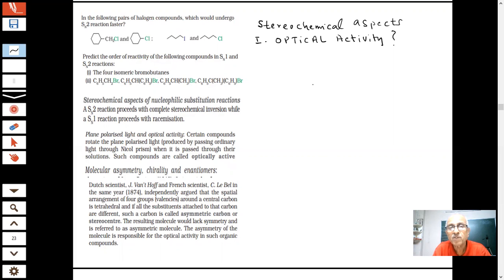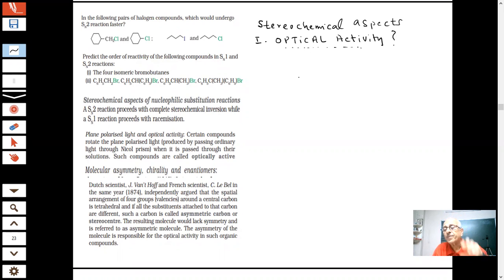If all the substituents attached to carbon are different, that carbon becomes asymmetric, known as a stereocenter. There is no symmetry in the molecule, and it gives rise to optical activity in such organic compounds.